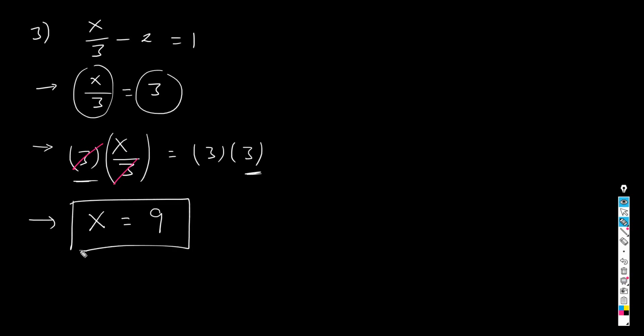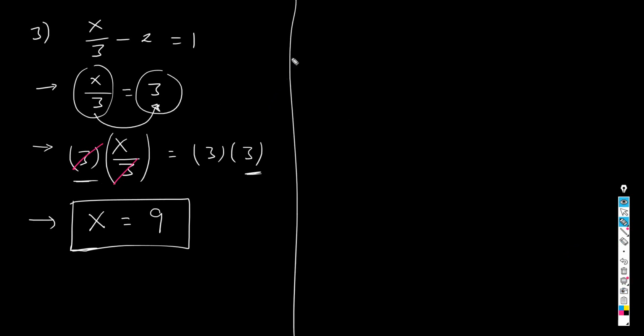Perfect. This is the correct solution, and this is the correct way to think about equations. What I did not do is pass this 3 to the other side, multiplying. Even if it gives me the right solution, it is the incorrect way of thinking. You have to get the right solution by the right process.